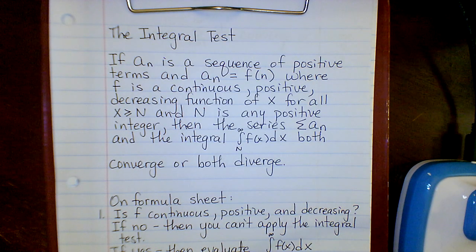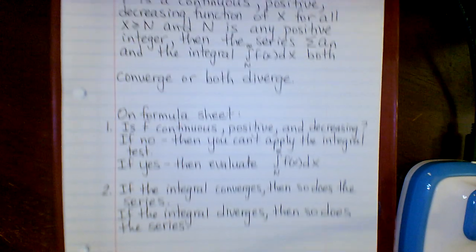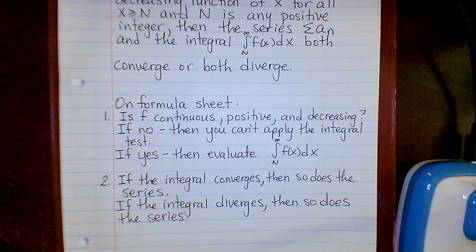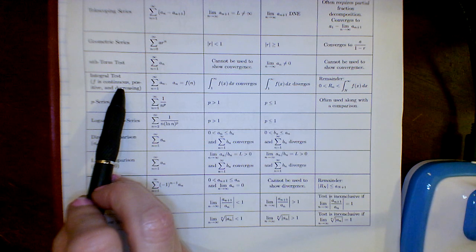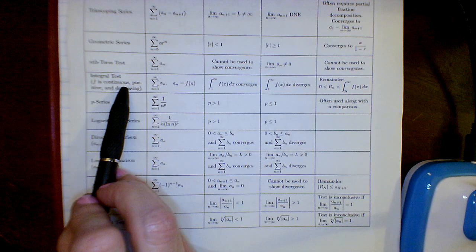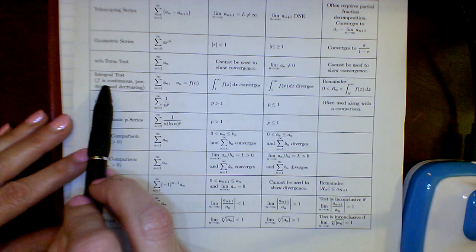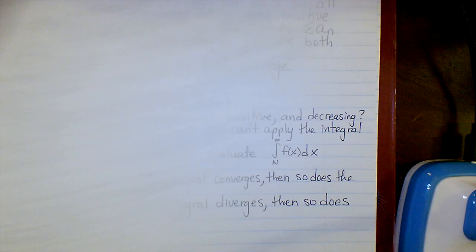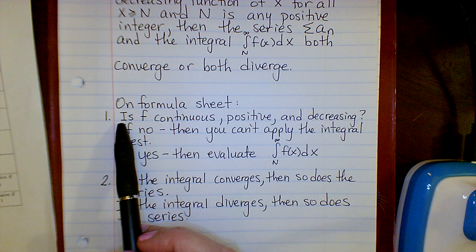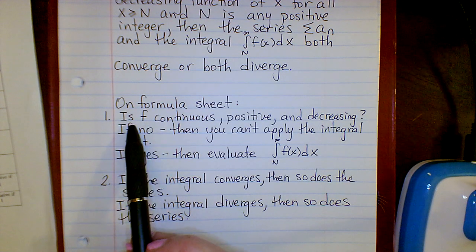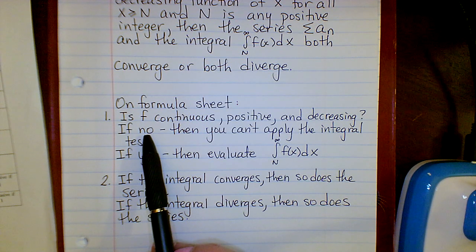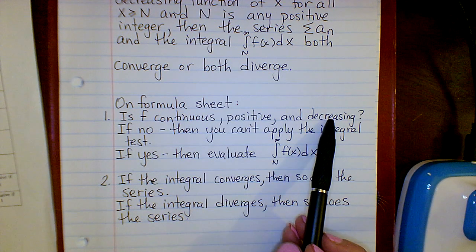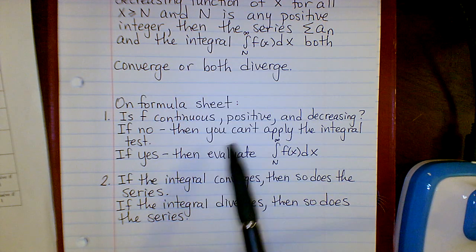Now, looking at our formula sheet, here's how we're going to read this off. So we look at the integral test on the formula sheet, and you'll see, and it's a little blurry here, but it says f is continuous, positive, and decreasing. That's the first thing you need to ask yourself. Is the function continuous, positive, decreasing? If not all three of these are met, then you can't apply the integral test.